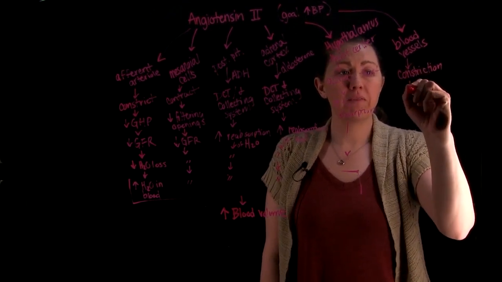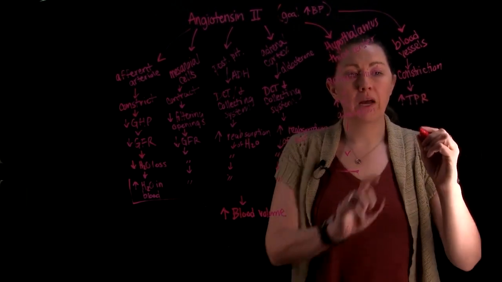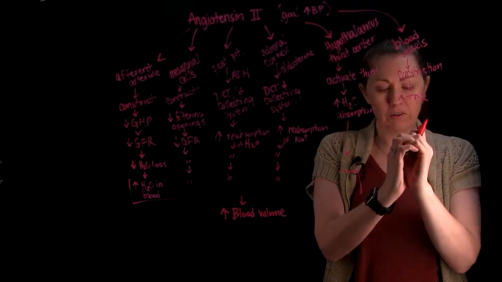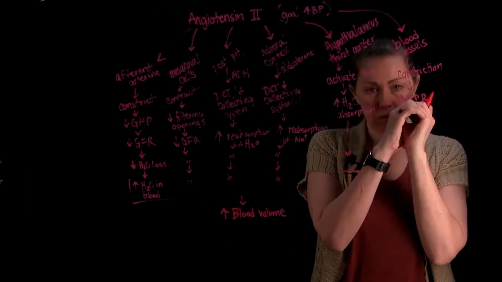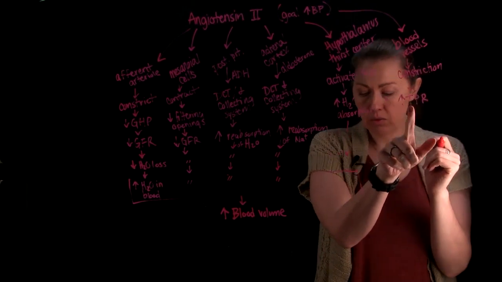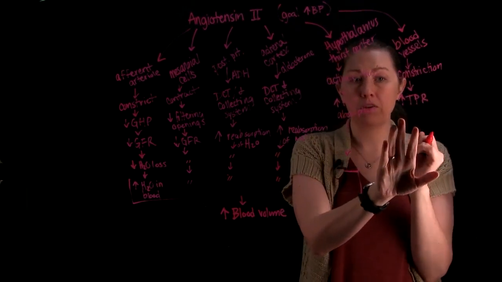If you're constricting blood vessels, you're increasing your total peripheral resistance. And don't forget, that basically means if you're increasing peripheral resistance, you're causing an increase in pressure directly to that blood vessel. So this one right here is your one that's actually going to directly affect your blood pressure in the way that we talked about with cardiovascular system.